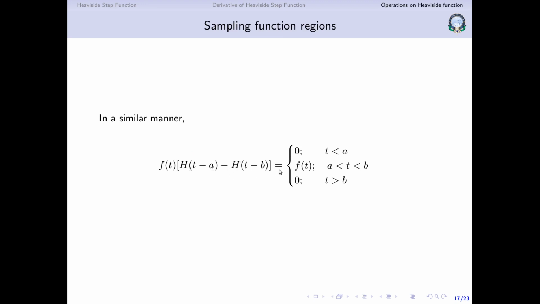If you forget about this f of t, h of t minus a minus h of t minus b will be 0 outside the interval, except between a and b where there will be a 1. Since you are multiplying f of t, the outside will remain 0, and 1 into f of t gives us f of t here. So here we are able to sample the function within a certain interval.